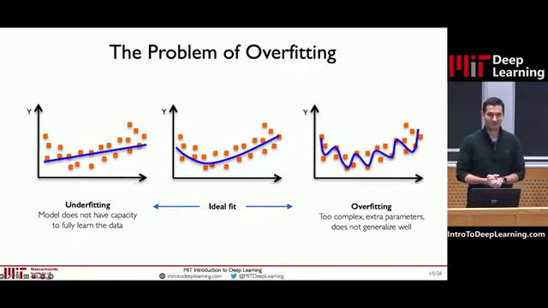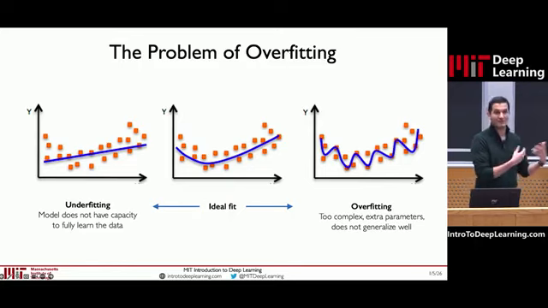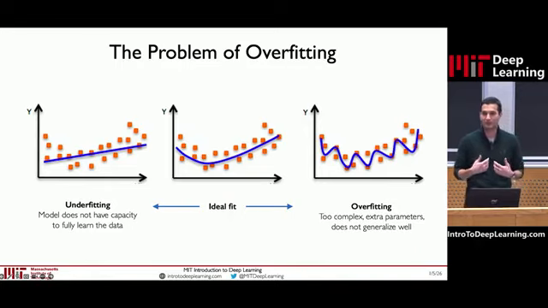So here's a good example, right? If you start on the right-hand side, and here's your training data set, the optimal line that fits this data is not going to follow all of the intricate details of the data. But on the other side, there's also underfitting, where you don't learn a function that's expressive enough to capture all of the intricacies of the data. So for example, a linear function on the left side is going to be underfitting on this problem because the problem is a nonlinear type of relationship.